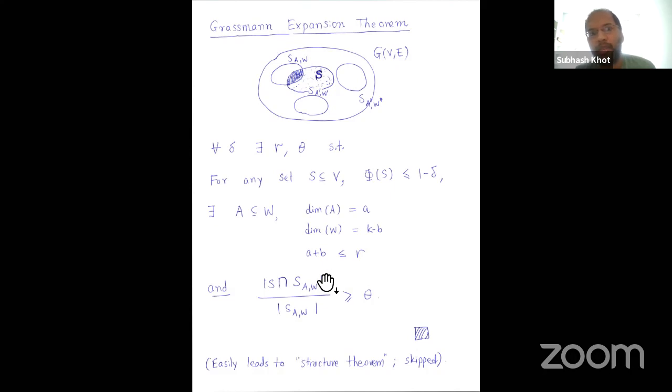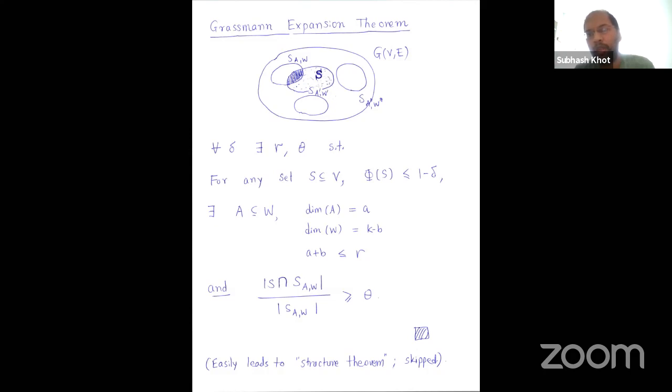You get this constant density piece inside one of these special sets, throw it out, and apply the same theorem again repeatedly to whatever remains. You keep finding these constant density chunks inside the special sets, and once you cover a constant fraction of the original set, you stop.